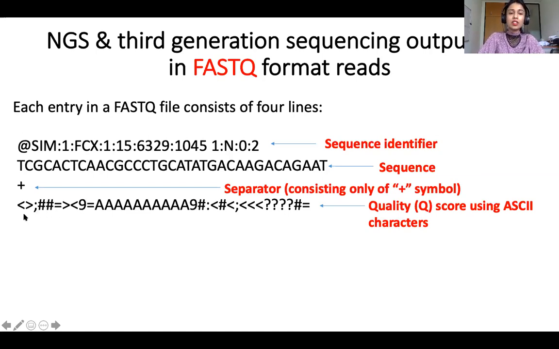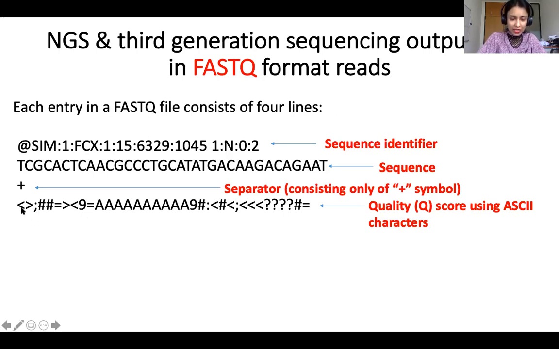These actually coincide with the quality score for each base, and these symbols are ASCII characters. There is a table that can help you decode them. Of course, you don't need to do this manually. Once you get your FASTQ reads, there are software tools which will decode this and give you an idea about how good the quality of the data is.